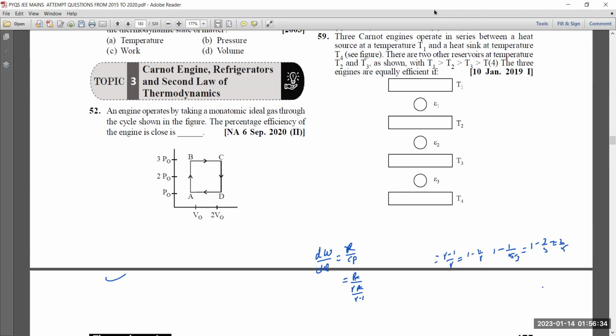And in case of a cascaded system of engines, the DQR of the first becomes DQA of the second, right? Like in 59, we have 3 engines, E1, E2, E3. Can you see that? So in the 59th, do you see 3 engines? Yes, sir. So when we have the cascaded system, the DQR of the first becomes the DQA of the second.